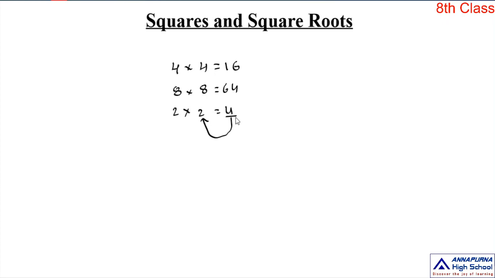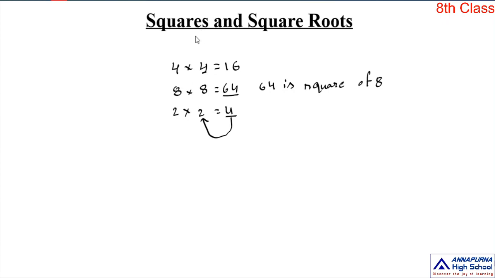The product is 4, and that 4 is called the square of 2. 8 into 8 is equal to 64, so 64 is the square of 8. And 4 into 4 is equal to 16, so that 16 is called the square of 4.